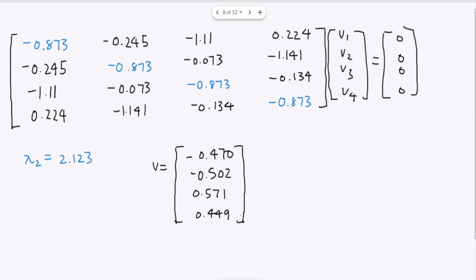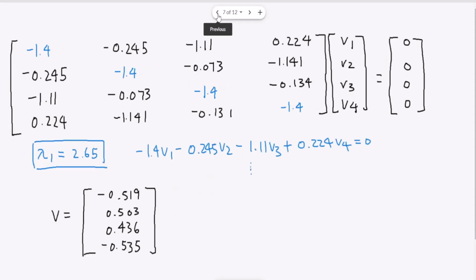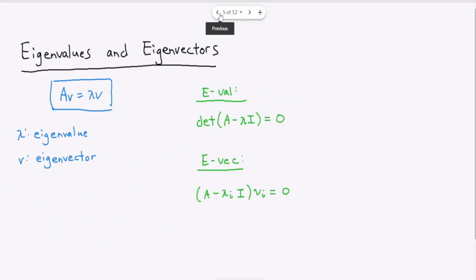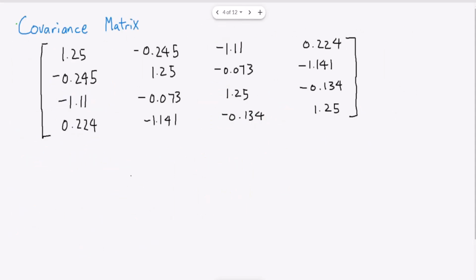Okay. So one of the things I want to mention before going forward is that this covariance matrix that we calculated is considered ill-conditioned. What that means is if we want to solve for the eigenvalues and eigenvectors, depending on the type of numerical method you use or your library uses, you may have drastically different results.